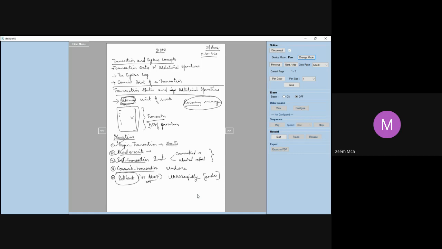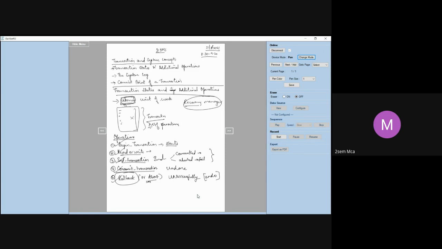If the transaction has ended successfully, then the changes have to be permanently recorded in the system. Otherwise, the transaction will get aborted. Next, you have commit transaction. Commit always indicates that the transaction has been successful. Any changes that you have made as part of your transaction can be safely committed to the database and will not be undone.